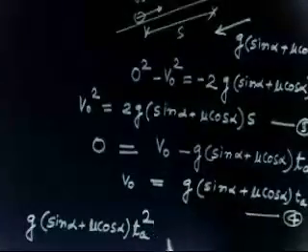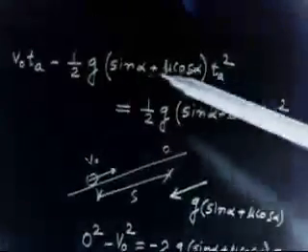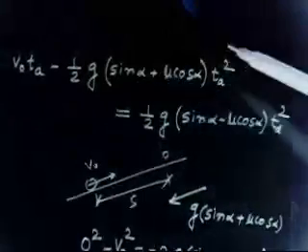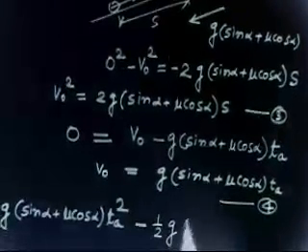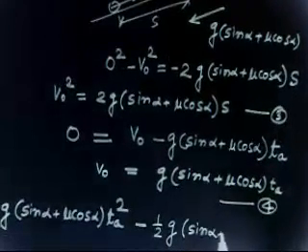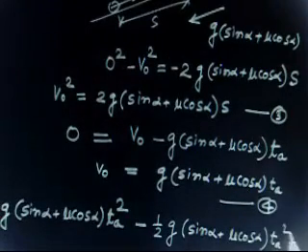Now this is V naught times t a, so you will have t a whole square, minus, you check your copy, you will get the same thing, half g sin alpha plus mu cos alpha into t a whole square.